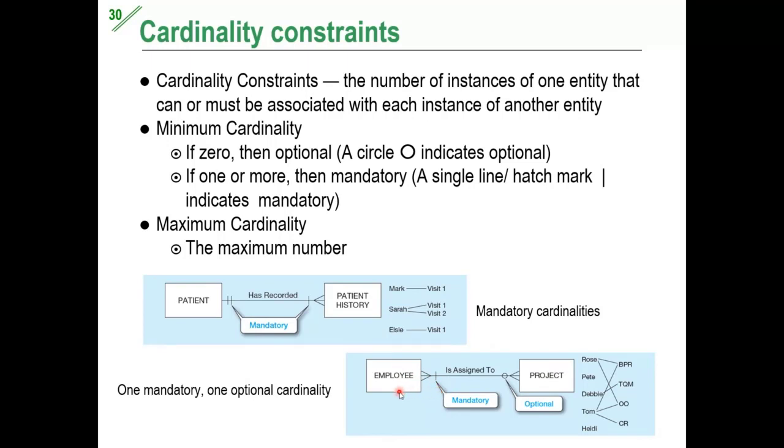If you think about the cardinality relationship, it's a many-to-many relationship, because one employee can be assigned to many projects, and one project can have many employees. And here you can see we put the cardinality relationship and cardinality constraints. So this is the modeling part.